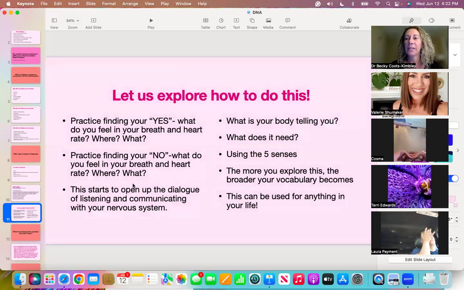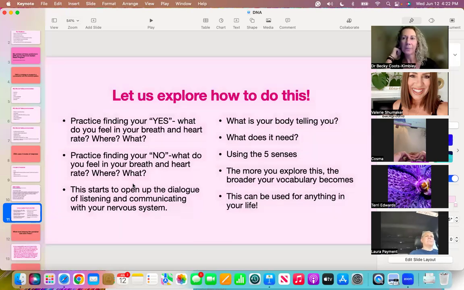That is your yes. That is your nervous system's way of telling you, yes, this is what I need. I do need this supplement. I do need to go to dinner with this friend. I do need to buy this house or get this job. That is your body's way of telling you, with the two indicators of breath and your heart rate, that this is good for me. This is a yes. This is what I want.